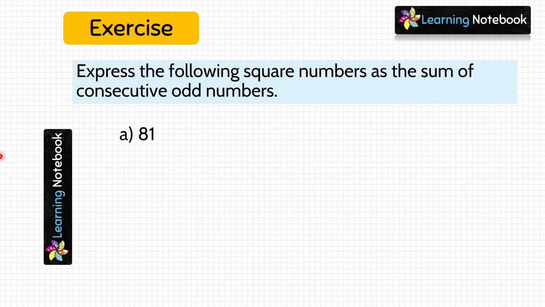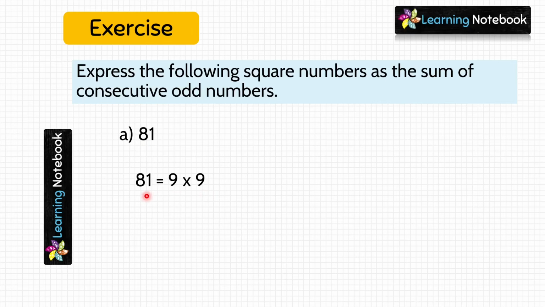Question 2 is, express the following square numbers as the sum of consecutive odd numbers. First is 81. We know 81 is the square of 9. That is 81 equals 9 into 9.